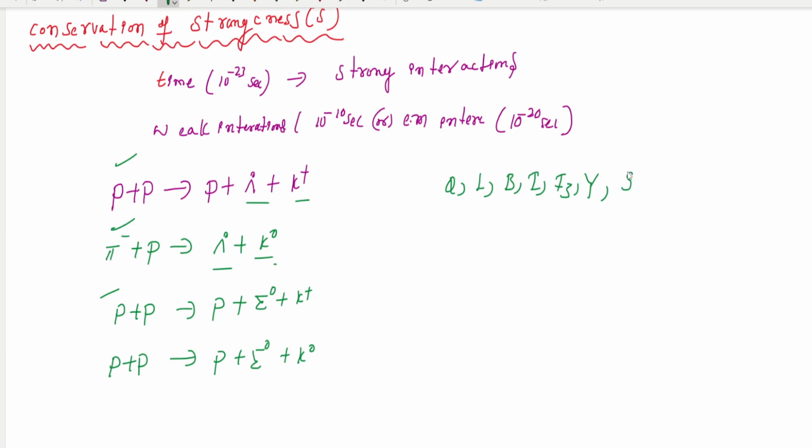Now, strangeness. The strong interaction involves a new kind of quantum number called strangeness number.